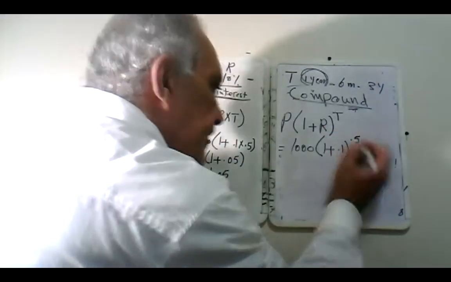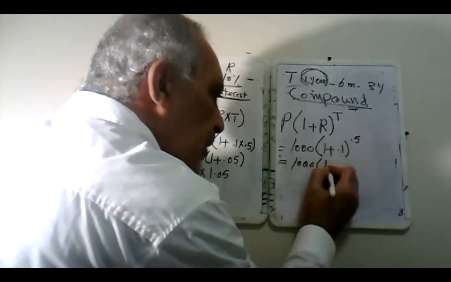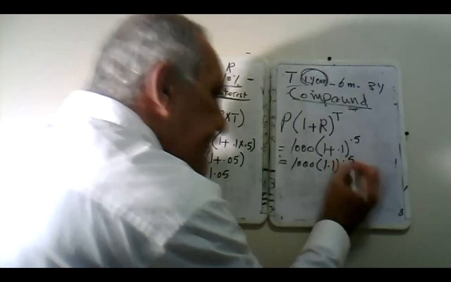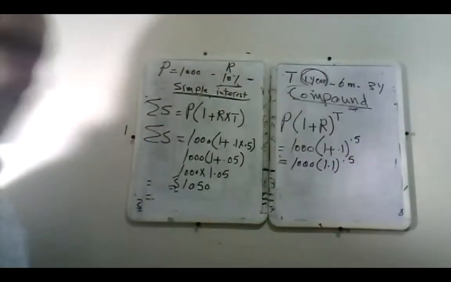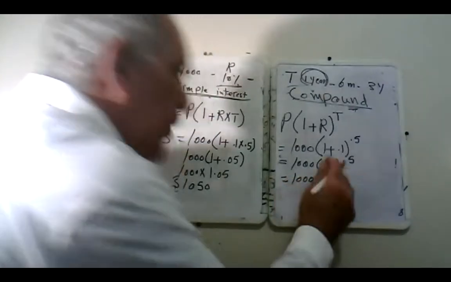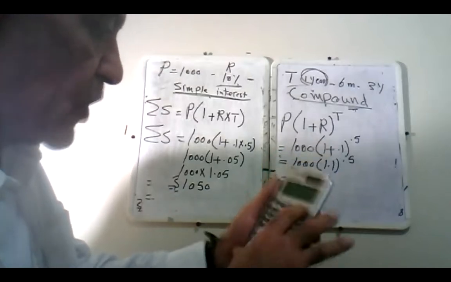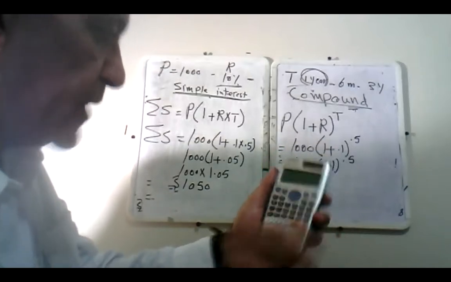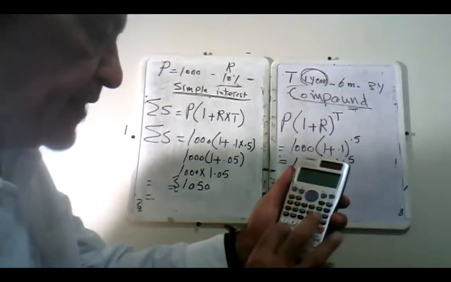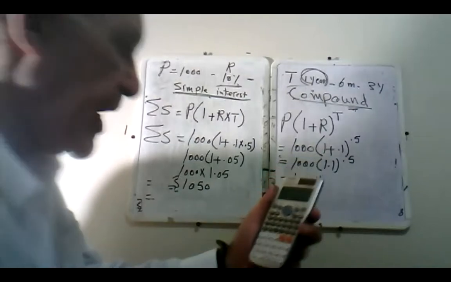So this will be $1,000 multiplied by (1 plus 0.1, which is 1.1) to the power of 0.5. I will do it on the calculator, like I said: 1.1, then the power key, 0.5, equals 1.048.